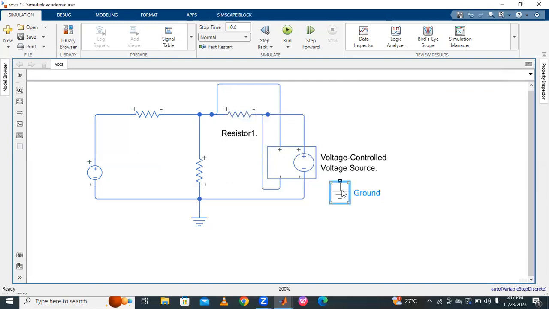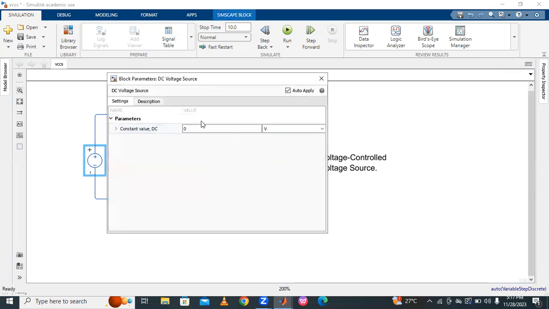If you try to connect this ground in Simscape, the red mark will show up here. It is not possible to connect because of these Simulink circuits. So use the Simscape electrical reference as ground. Next, set this voltage to 100 volts.